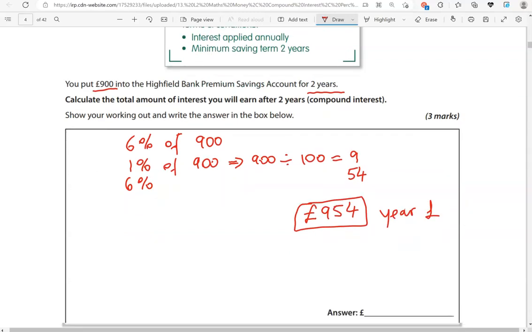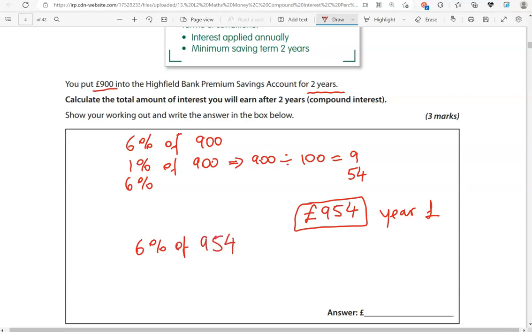Now we've got to work it out for another year, year 2 now. So we're looking at 6% of £954 because it's compound interest. So you earn interest on the interest from year 1 as well, not just the £900 you put in.